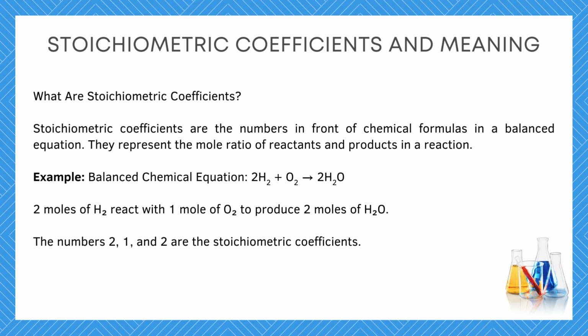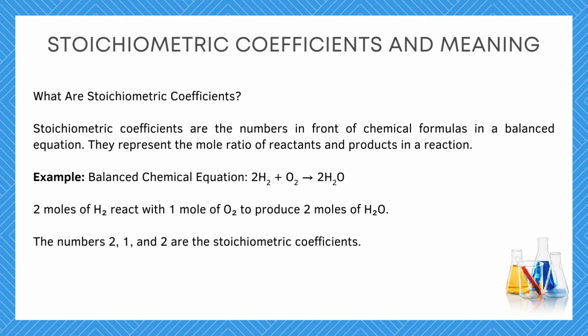You can see there is a big number 2 in front of hydrogen, H2, and there's also a big number 2 in front of water, 2H2O. Now, if you watch closely, you will see that these numbers are called the stoichiometric coefficients. They tell us that 2 moles of H2, or hydrogen, reacts with 1 mole of oxygen, or O2, to produce 2 moles of H2O, or water.